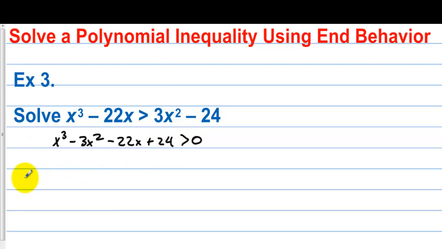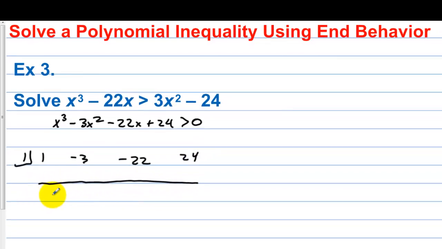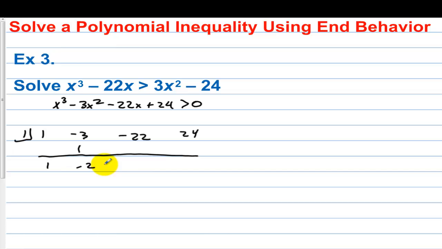Well, we've got to find some zeros. Let's try 1. 1, negative 3, negative 22, and 24. 1, 1, negative 2. We have negative 2, negative 24, negative 24, and we have a remainder of 0, so we found a zero.